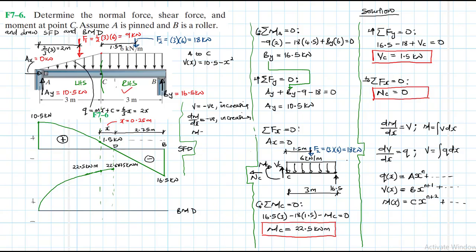And this magnitude is just the area under the shear diagram, which is equal to a half times the length, which is 2.75, times the magnitude, which is minus 16.5. Let's calculate 0.5 by 2.75 by 16.5.